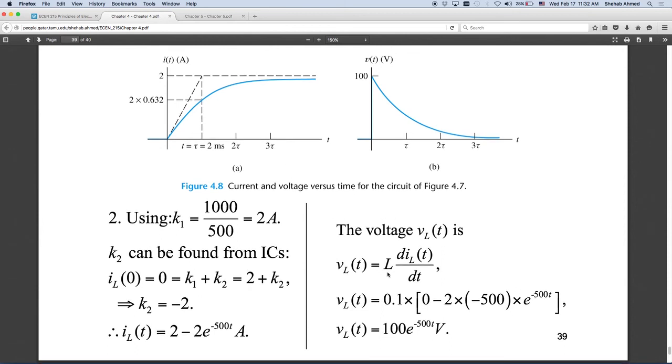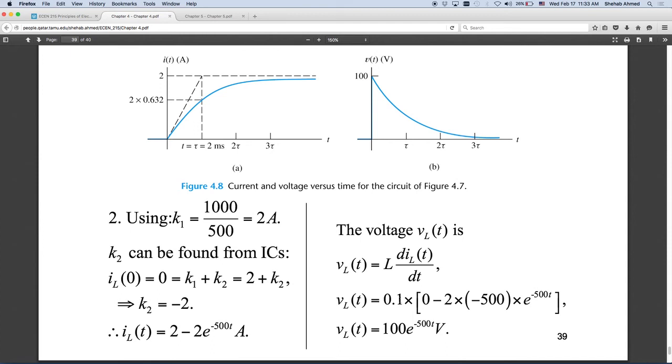And then of course the voltage here, they do the differentiation for you. So it's L times the differentiation of the final solution that you have. So this is 0, this is minus 2 times minus 500, e to the minus 500t. It's a decaying exponential in this case, with initial condition equal to 100, since e to the minus 0 goes away with 1.